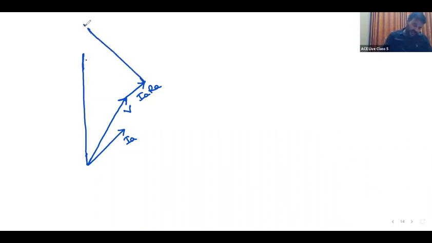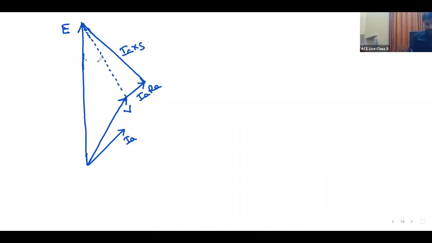Okay, this is IAXES. This is V, E, IAXES. This much diagram is enough for us. IAZS.